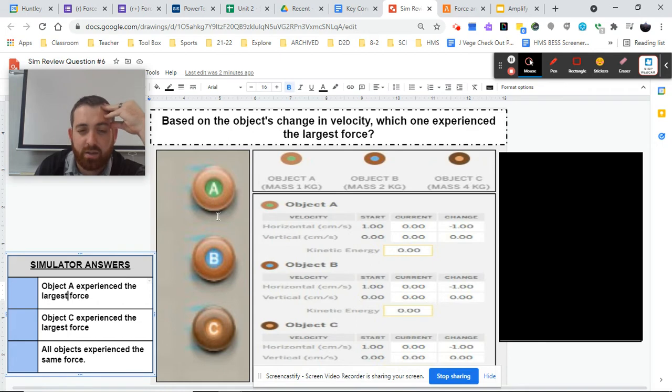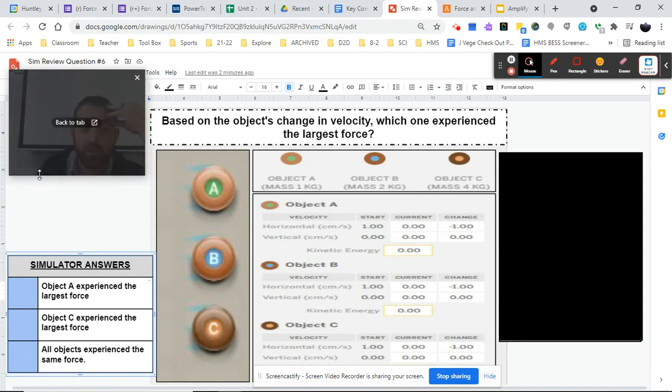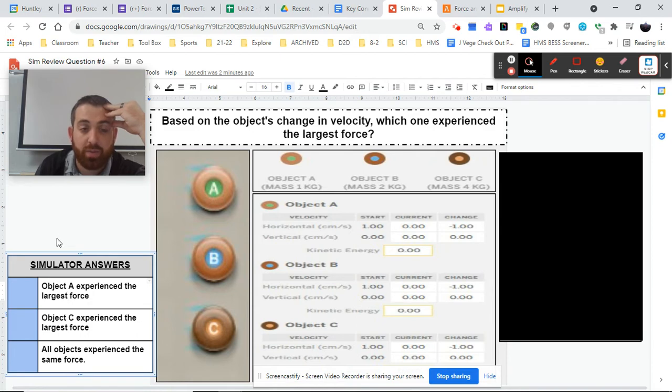So take a second, knowing how their start velocity, their end velocity, their change in velocity, and their different masses all apply to helping us understand and answer this question. Pick your choice, pause the video, and start it up again to review your answer.